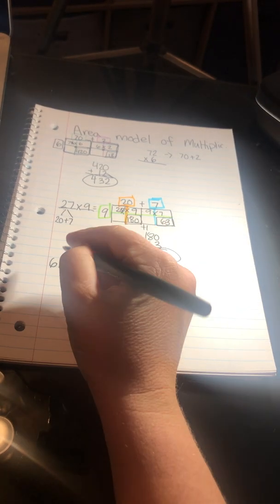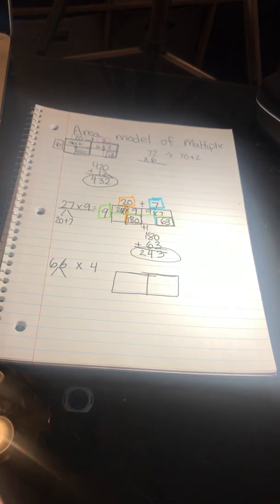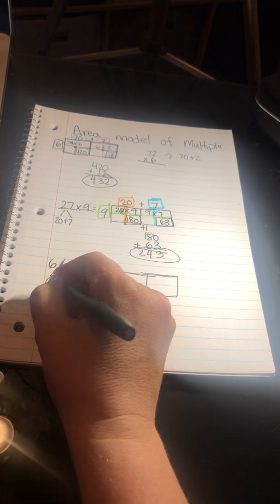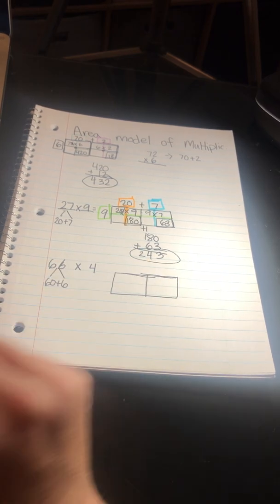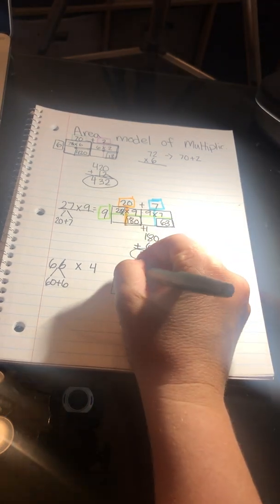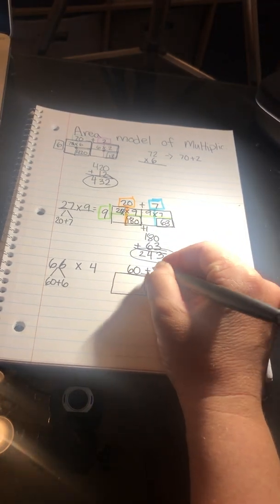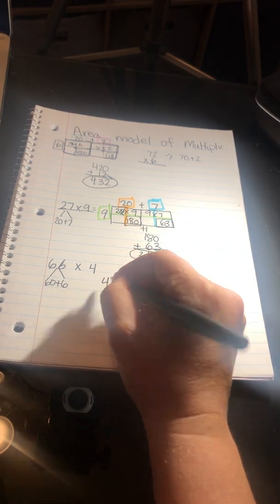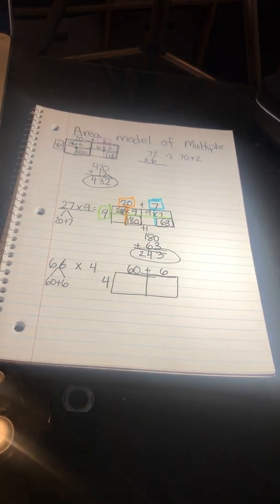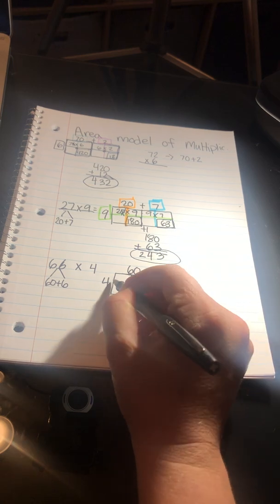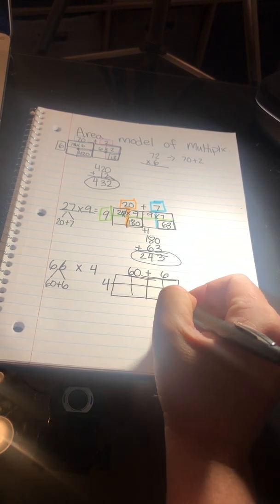All right, so I'm going to break 66 apart into what? 60 plus 6. I'm just breaking it up into expanded form. So I'm going to take my 60, put it right here, plus 6. And then I'm going to put my 4 on the side. So now where they cross is what I'm going to multiply.